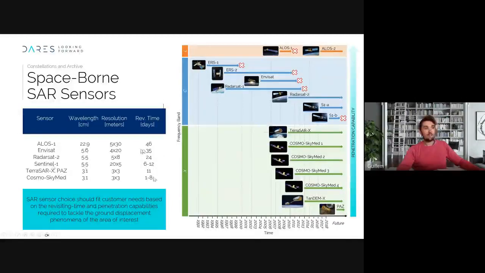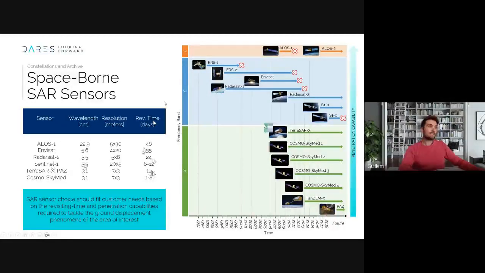This is important because it means that you can get one image every 12 days. For example, with Sentinel or with TerraSAR, you can get one image every 11 days. So if you want more data, you need to take images from satellites that have a lower revisiting time.